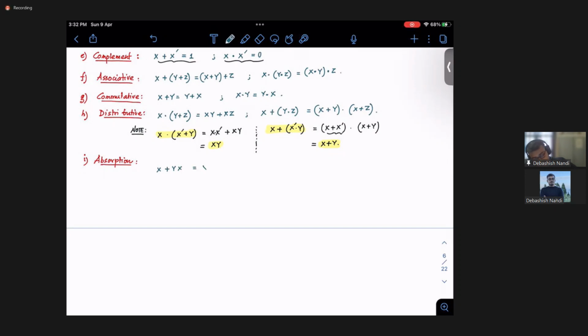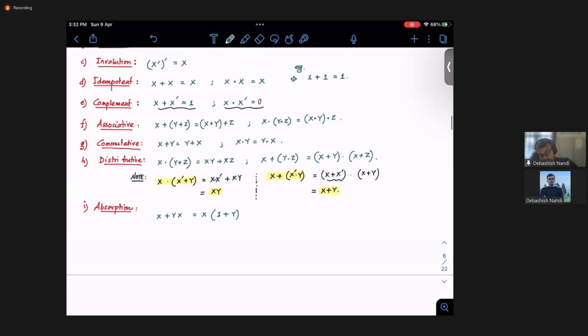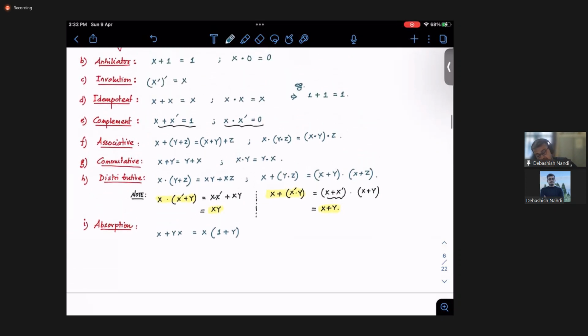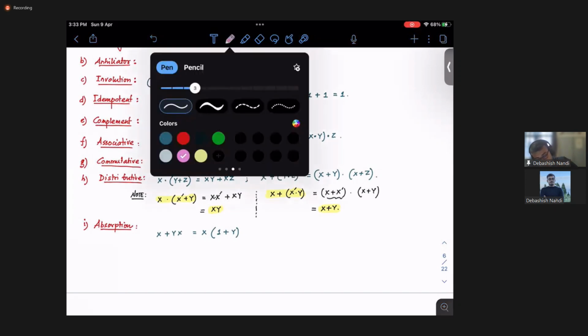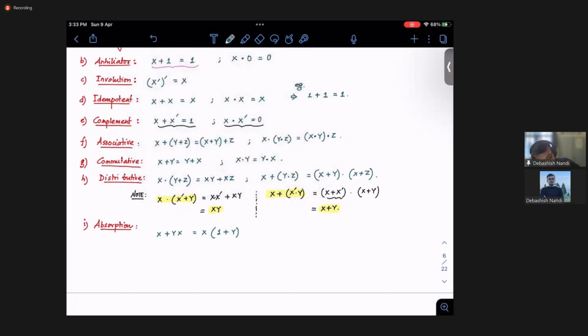If you take your x as common, it is x times 1 plus y. So 1 plus something is 1, right? Where did we see it? We have seen it here. So it will give you nothing but x.